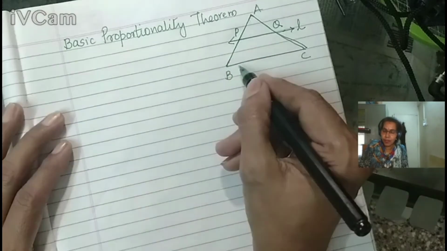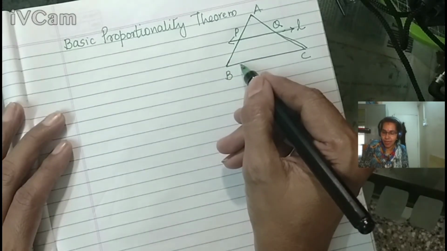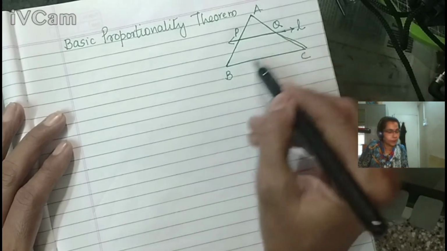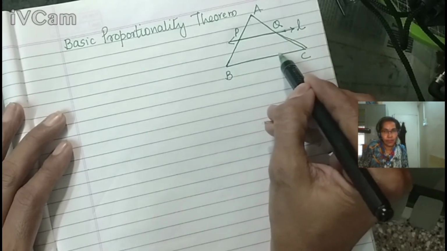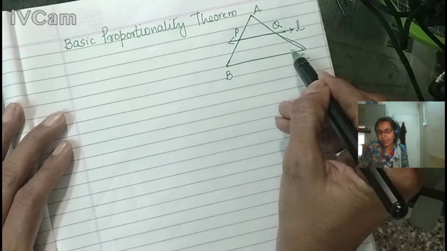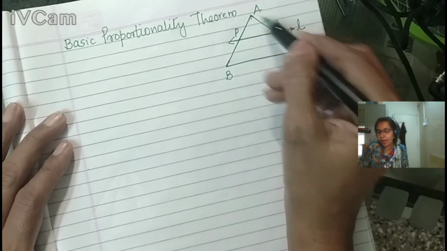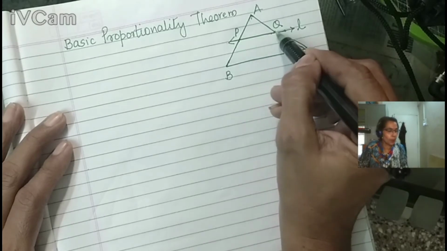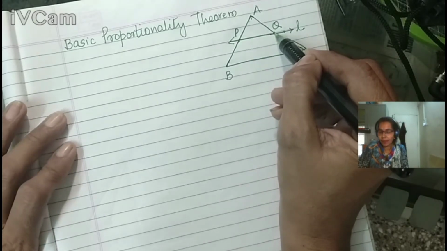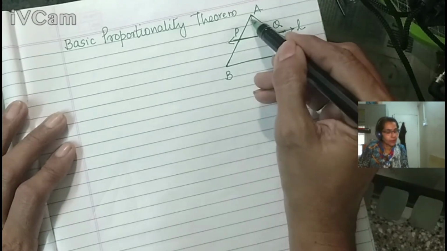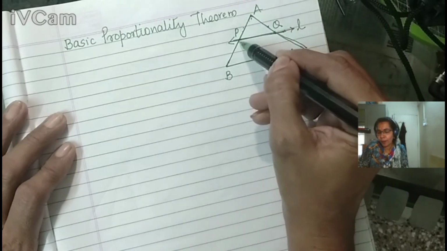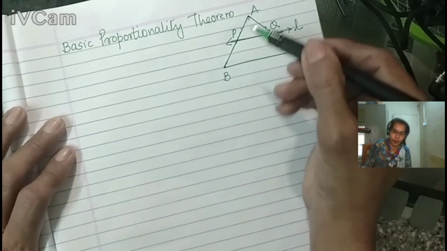My basic proportionality theorem states that if a line is parallel to a side of a triangle and intersects the other two sides in two distinct points, then the line divides the sides in the same proportion.